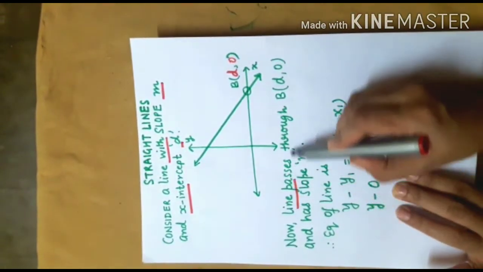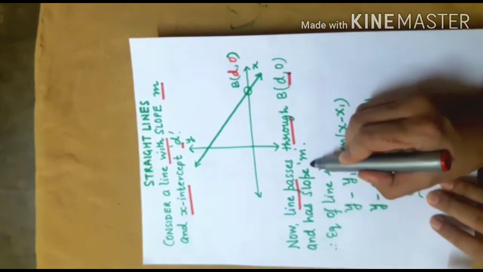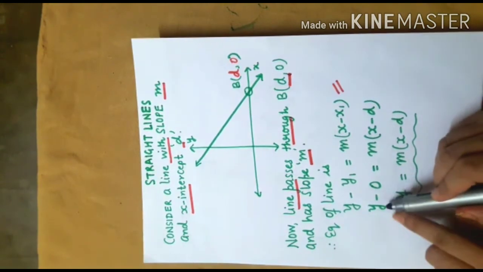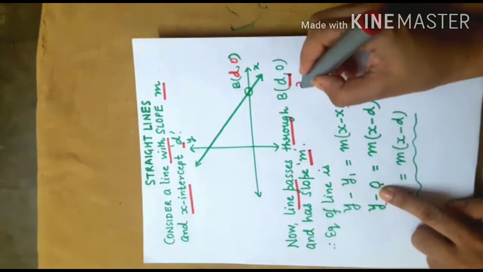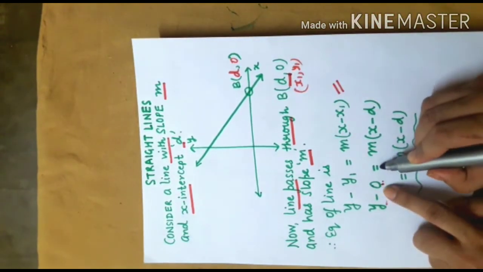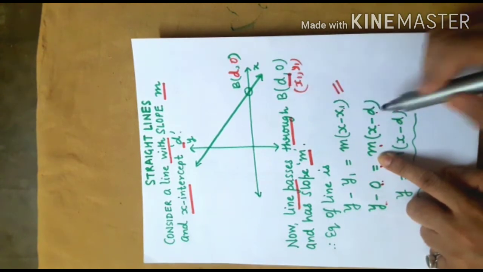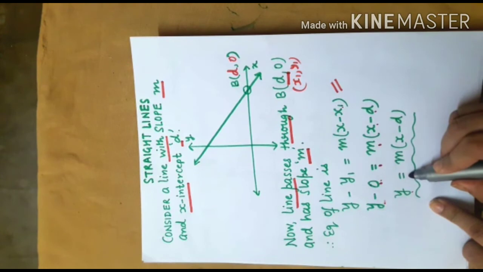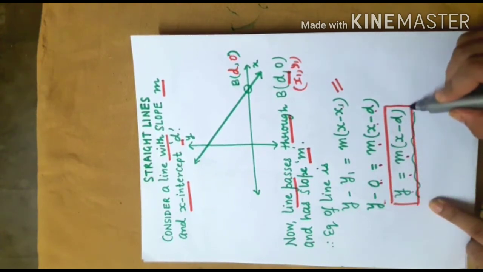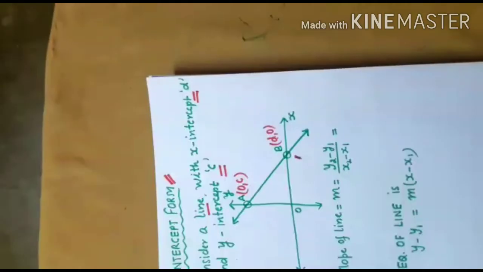So that means the line passes through (d, 0) and has slope m. So using this form, the equation of the line will be y minus 0, where this is x1, y1, equal to m into x minus x1, which is d. So y is equal to m into x minus d.